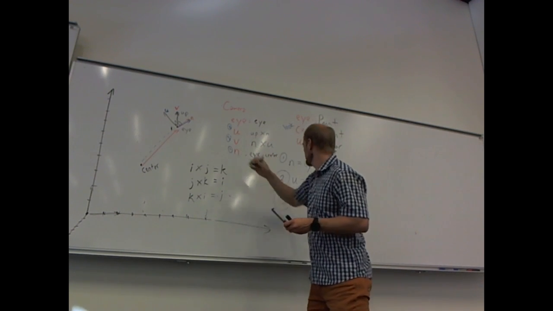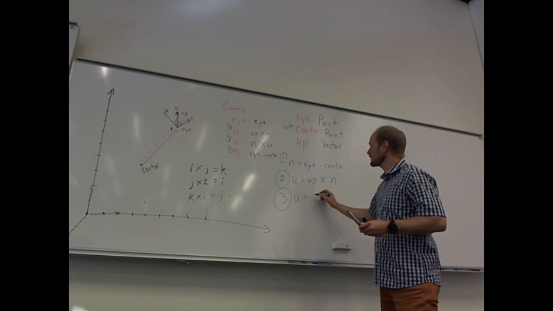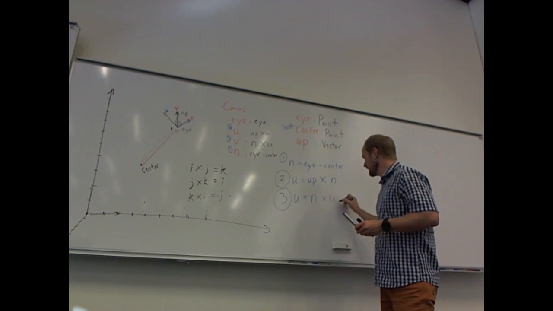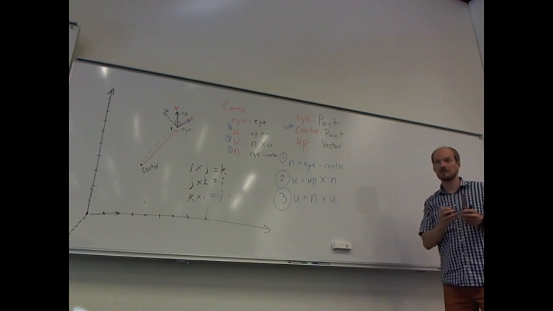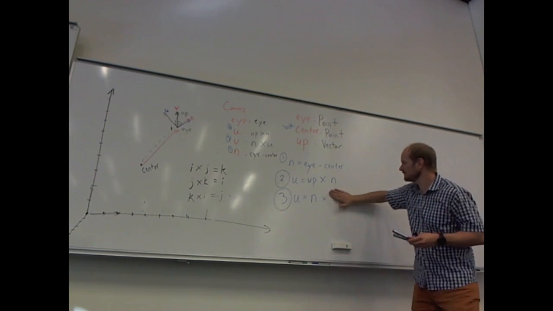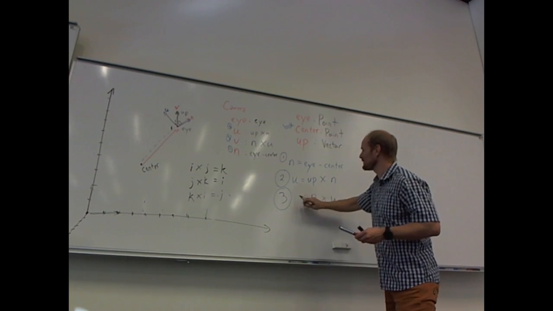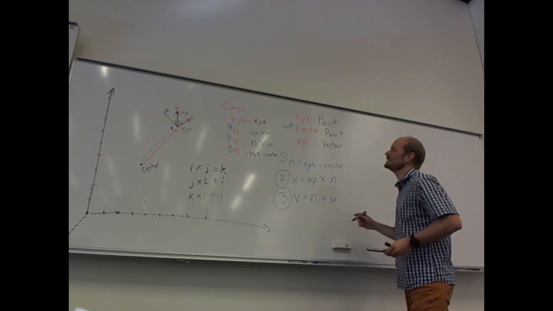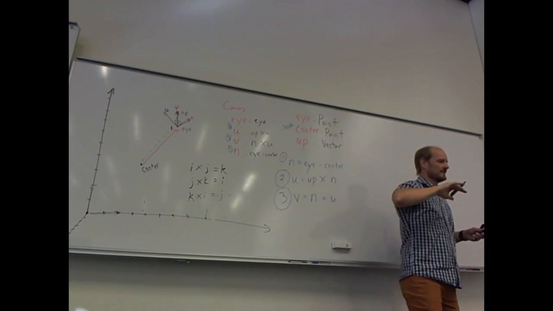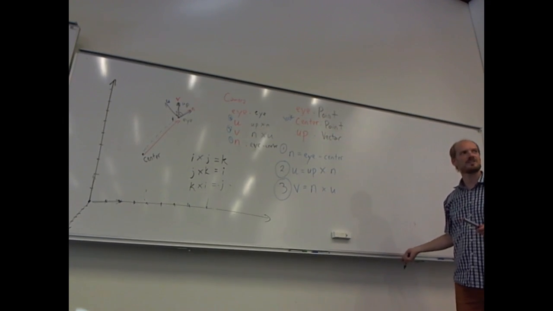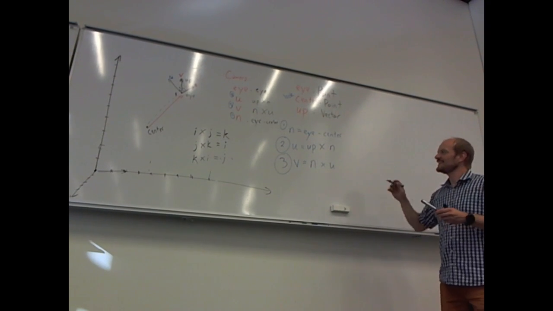There's one more thing we need to do to all of these. No, sorry. V equals n cross U. V equals n cross U. It's nice to know that you're paying attention.